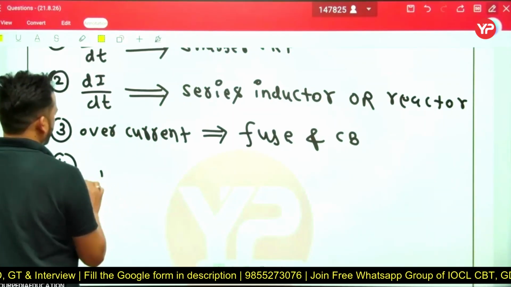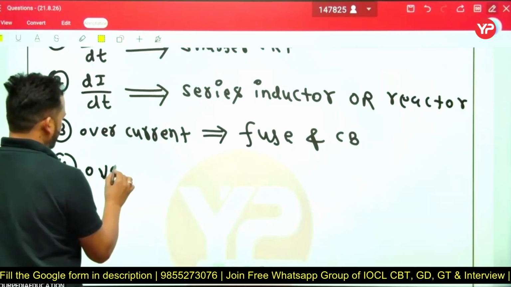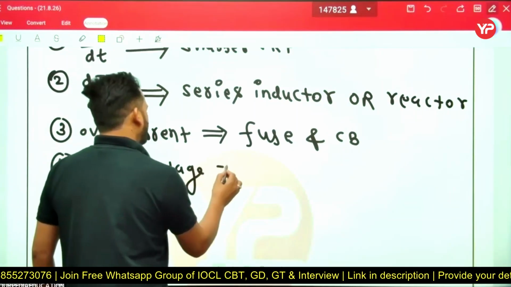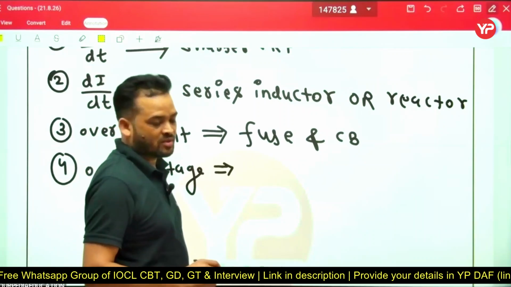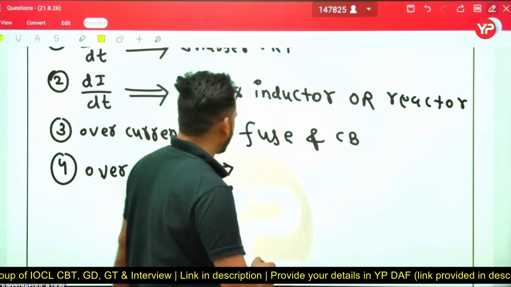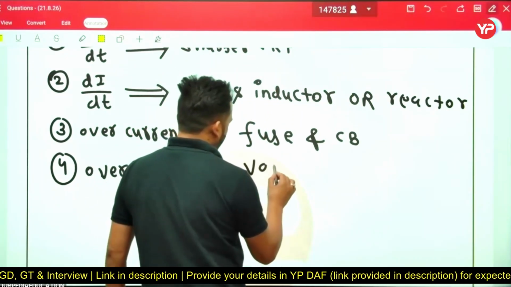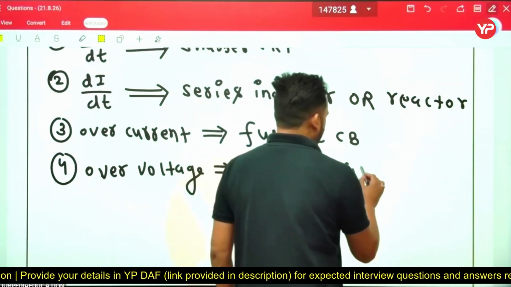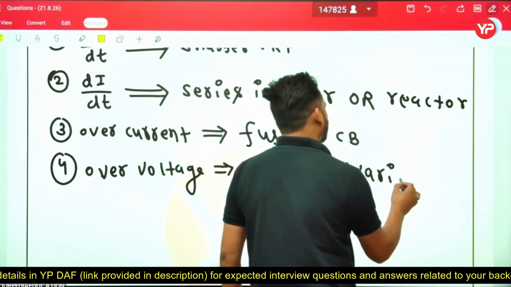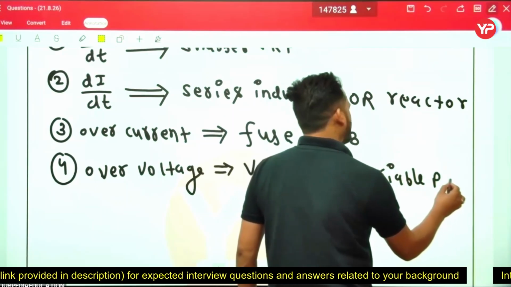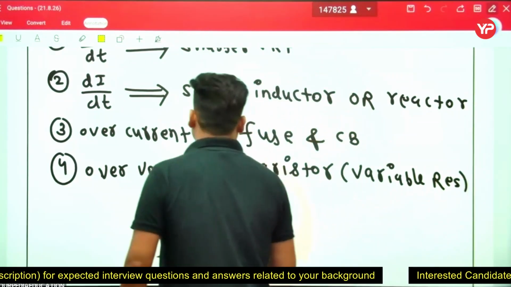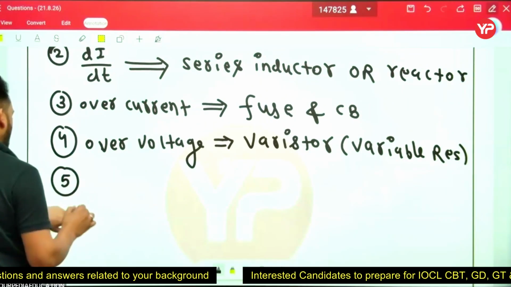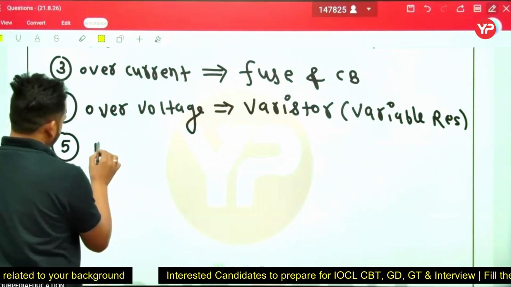For the protection of SCR from over voltage we use a varistor, that is, variable resistance. Next, thermal protection.